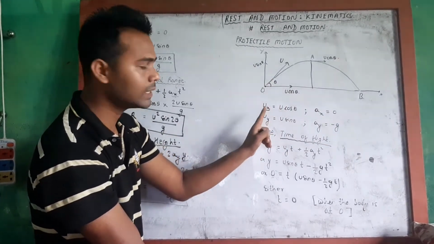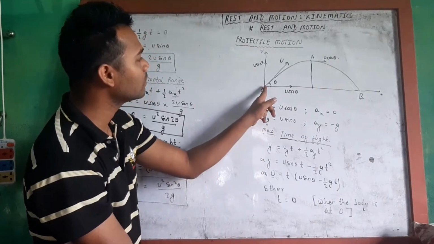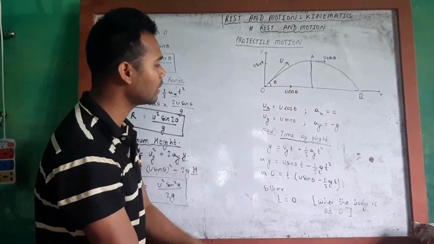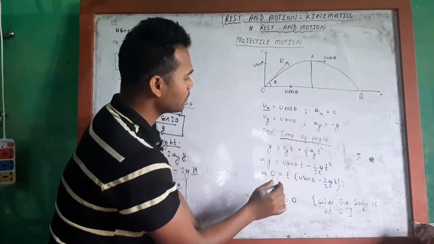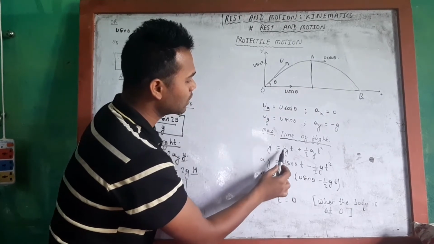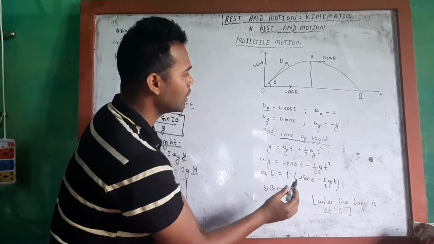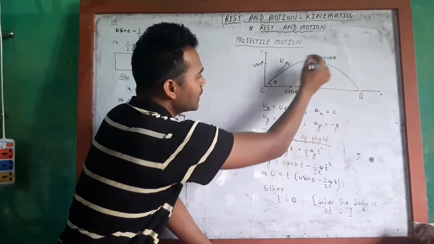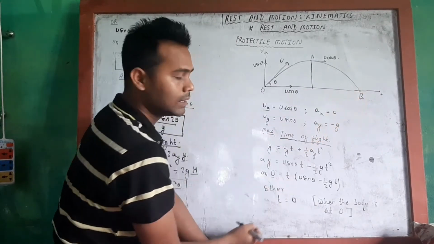Now let us take out the total time of the flight. Here we have one equation along the y-axis as y is equals to uyt plus half ayt square. When the projectile reaches the point B, then the y coordinate here is 0.